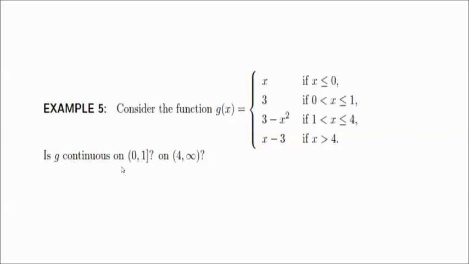So is g continuous on 0 to 1? Class, take note again, kapag ganito, ibig sabihin hindi kasali yung 0. Kapag square bracket, kasali yung 1. It's like in here. From 0 to 1. Pero hindi kasali si 0. Kapag ganito, may underline, ibig sabihin kasali si 1. So ito yung ibig sabihin nito.